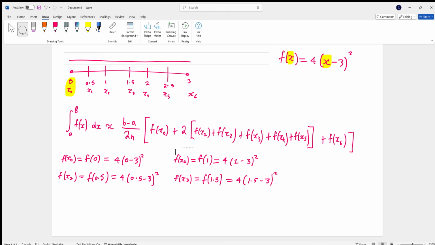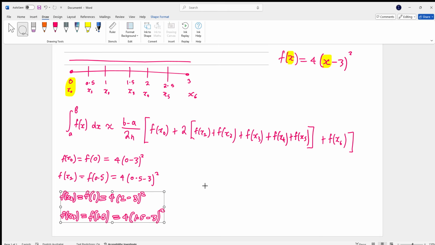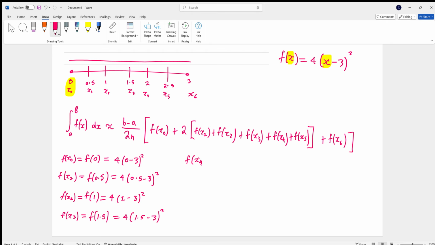What I might do is move these guys there, because we've got to calculate those values. F of x of 3 is f of 2, which is 4 times 2 minus 3, all squared. F of x of 4 is f of 2.5, which is 4 times 2.5 minus 3, all squared.